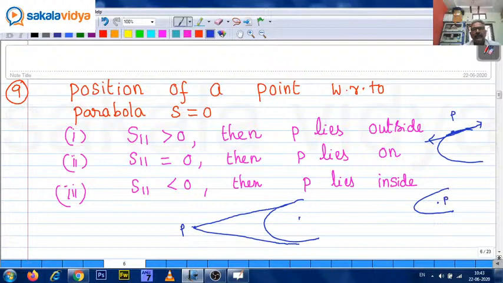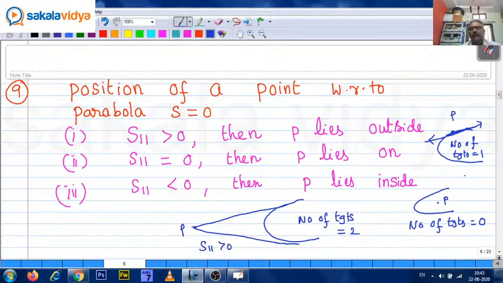Here the number of tangents equals 2, here equals 1, and in this case is 0. Here S11 is greater than 0, here S11 is 0, and here S11 is less than 0.